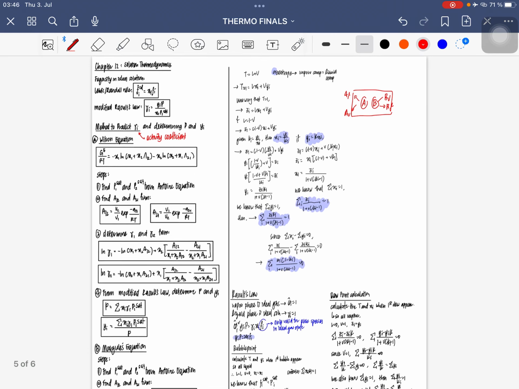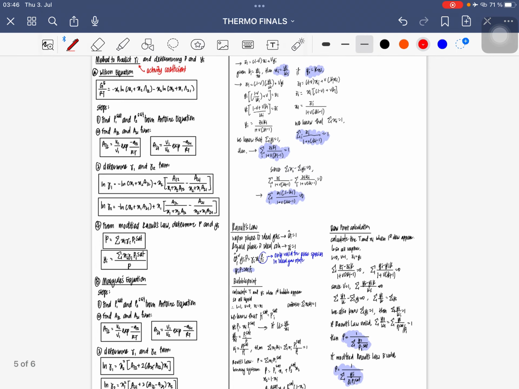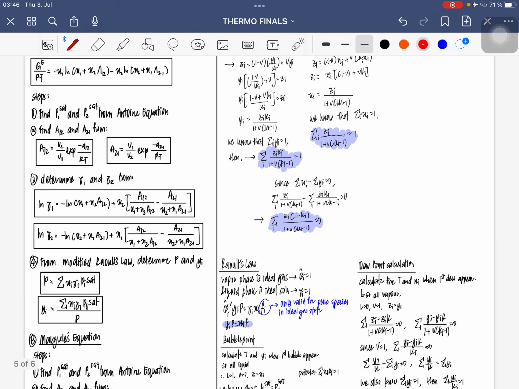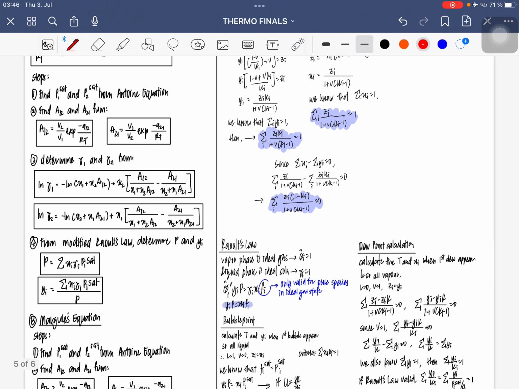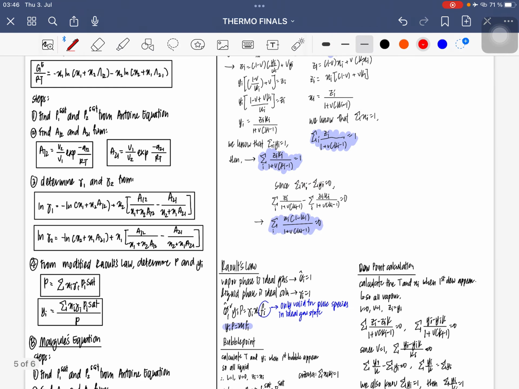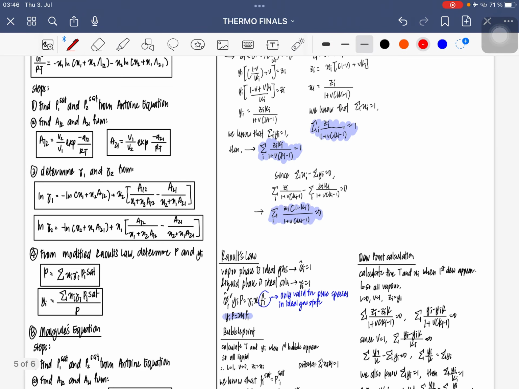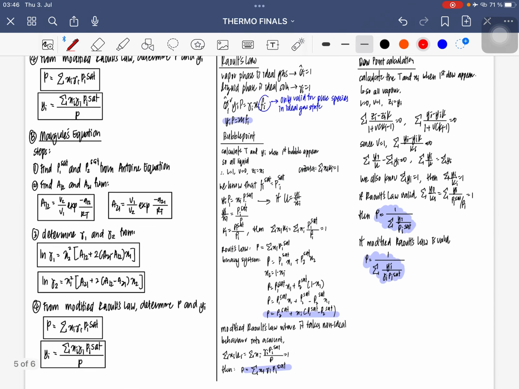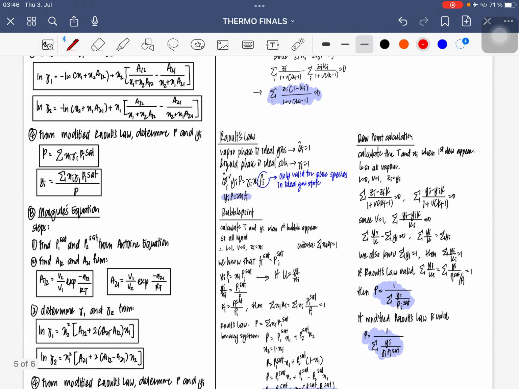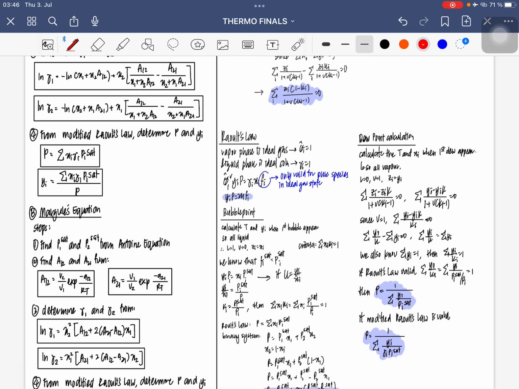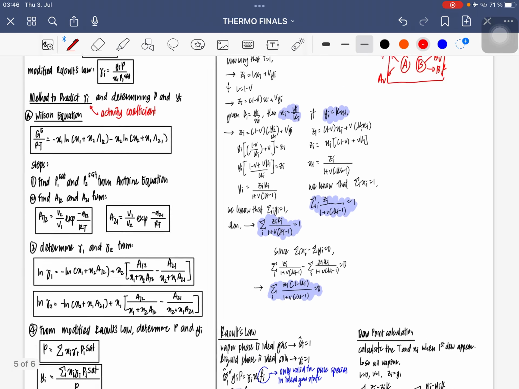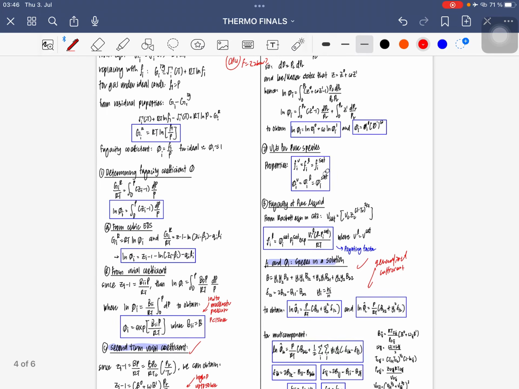What Raoult's law is trying to tell you is how fugacity and fugacity coefficient are related to the vapor phases and liquid phases. It is only valid for pure species in ideal gas state. But if we want to calculate for real gas, then you have to modify Raoult's law to incorporate real states.